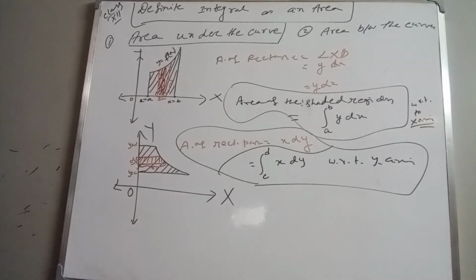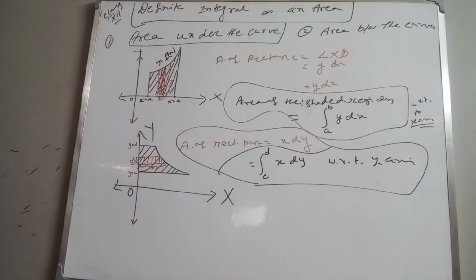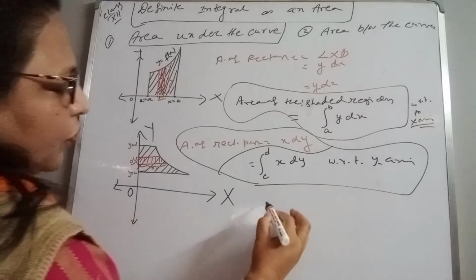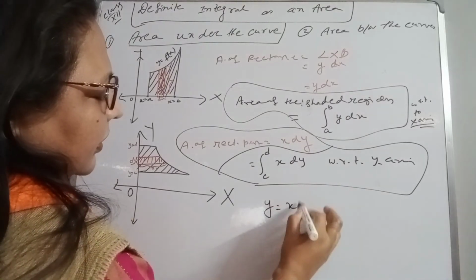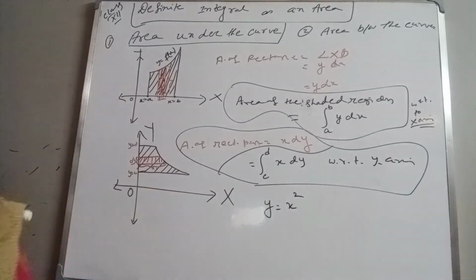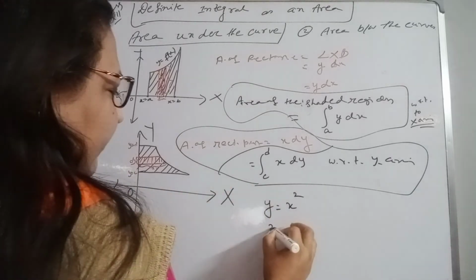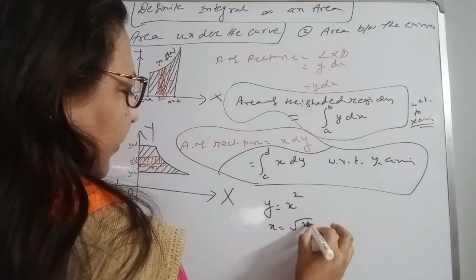I think now it is clear to you. Now, see if the curve is, say, y is equal to x square, then x is equal to root over y.